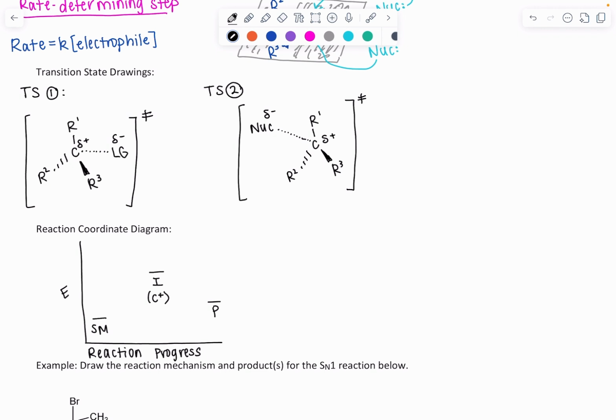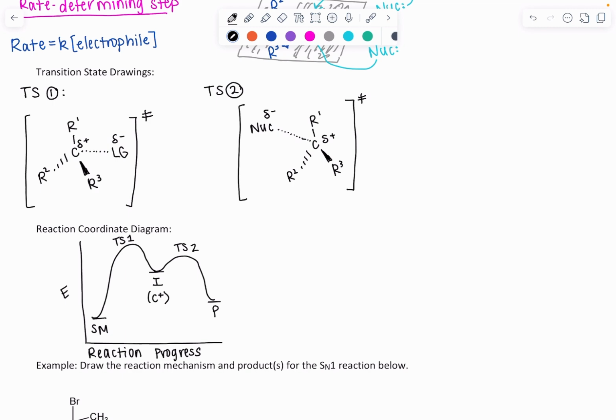And we said that each step has its own transition state. So starting material to carbocation has a transition state, carbocation to product has a transition state. So we can write TS1 and TS2. You can use the transition state symbol either way. Now I drew TS1 at a higher energy than TS2.